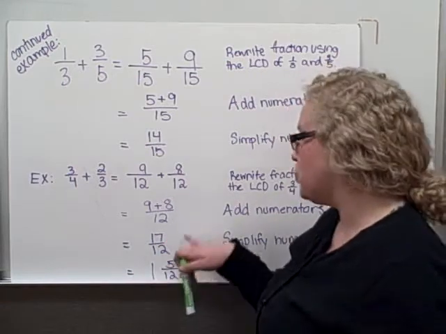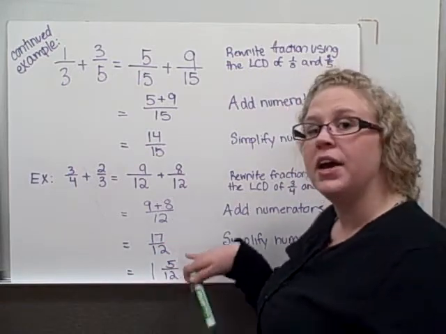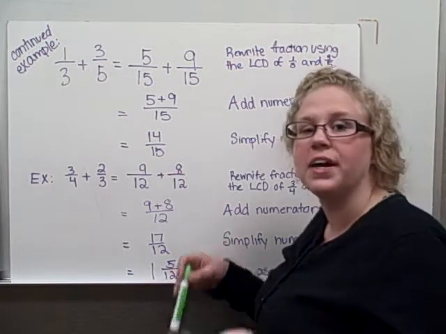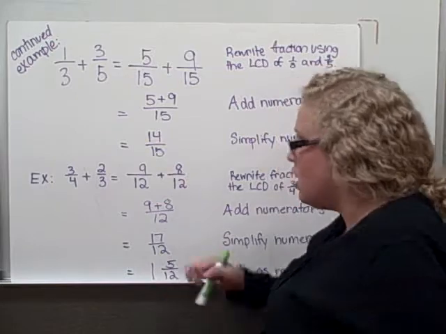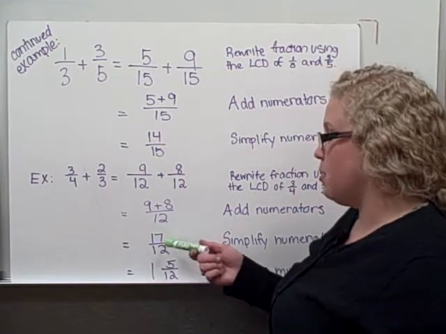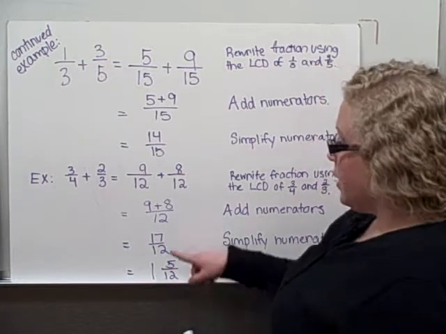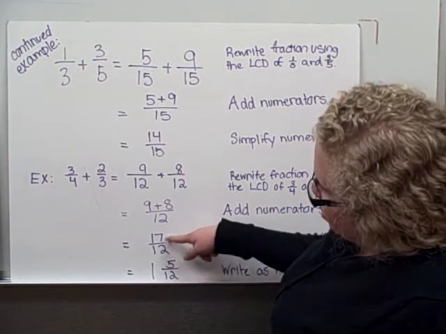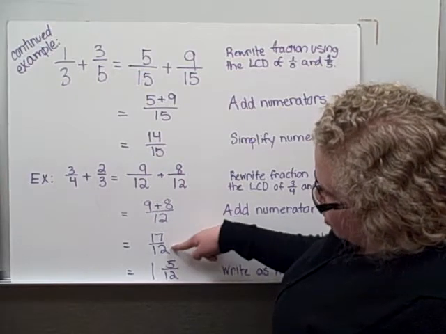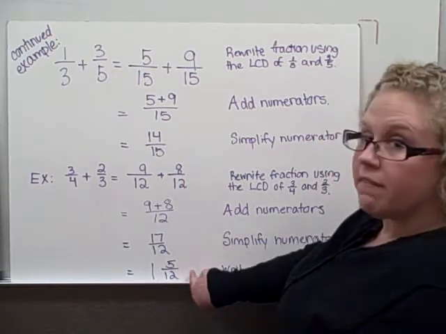For our case, we're not simplifying, it's equivalent, but we're just rewriting it as a mixed number so that we don't have a bigger number over a smaller number. If we take 12 from 17, we're left with 5. So 17/12 is equal to 1 and 5/12.